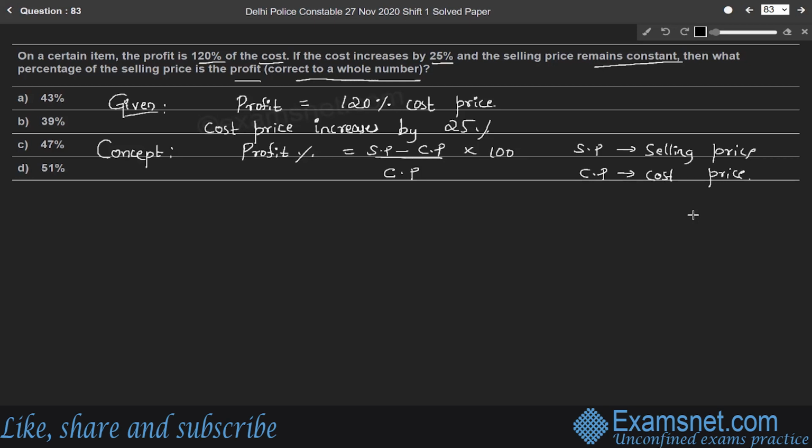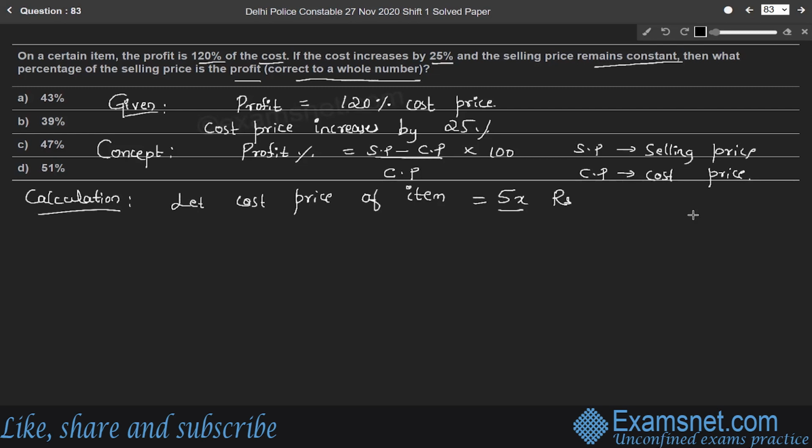Right? So come to the calculation part. Let the cost price of the item be 5x rupees, a multiple of 5.